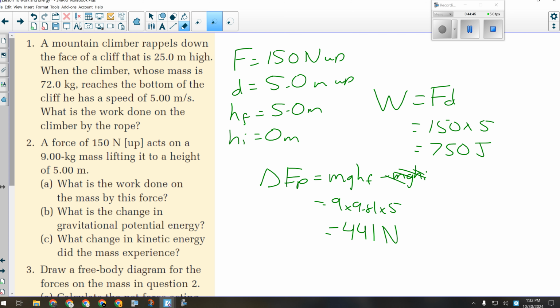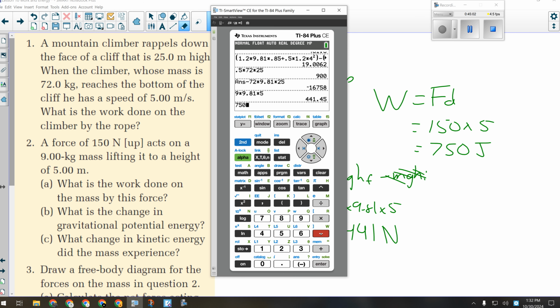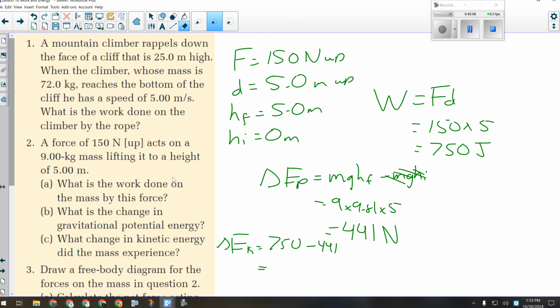Well, the change in kinetic energy would just be 750 minus 441. Okay, so if I do that, 309 joules.